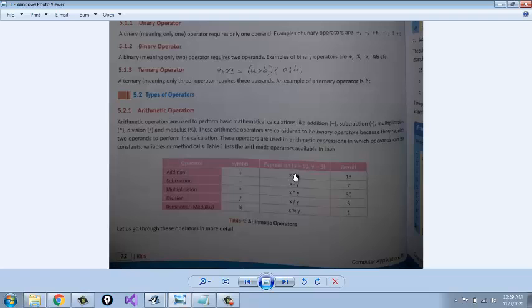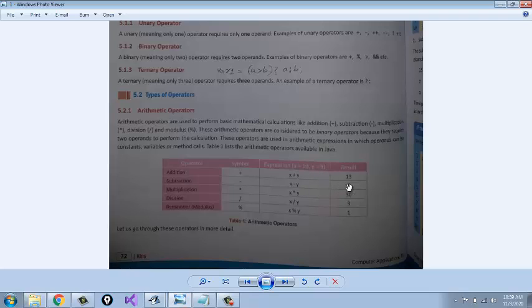This is an example: x plus y. The value of x is 10 and the value of y is 3. So the expression x plus y will add the value of x and y, which will be 13, isn't it? Then x minus y means the value of y will be subtracted from the value of x, which means 3 will be deducted from 10.